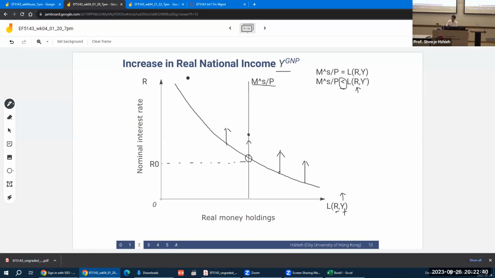So the entire liquidity preference curve shifts upward. So this is our L(R, Y prime), and our final market clearing is at this intersection, and therefore our interest rate, as we already concluded, is higher.